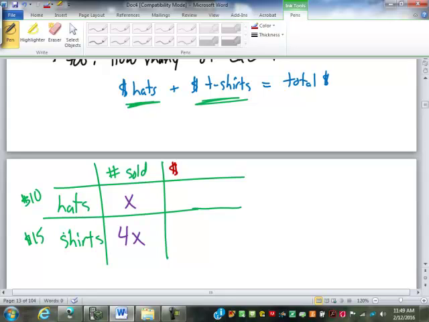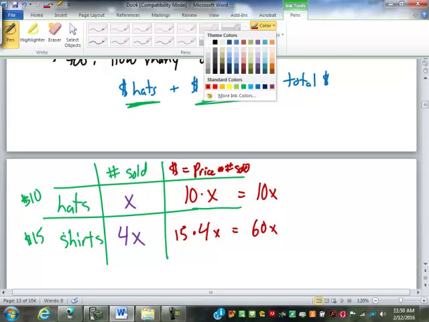The dollar amount is equal to the price times the number sold. So $10 per hat times X is 10X is the dollars for the hats. $15 per shirt times 4x. 15 times 4 is 60x is the dollars for the shirts.